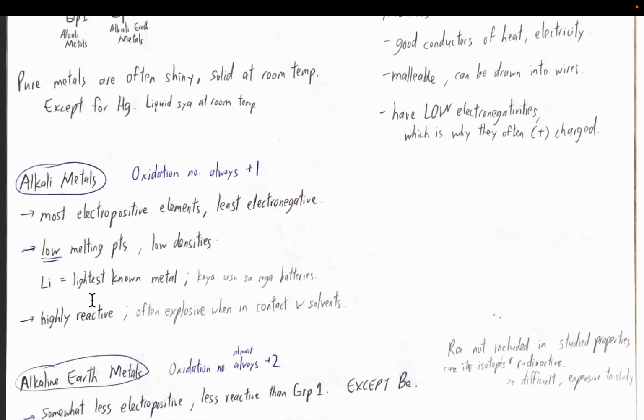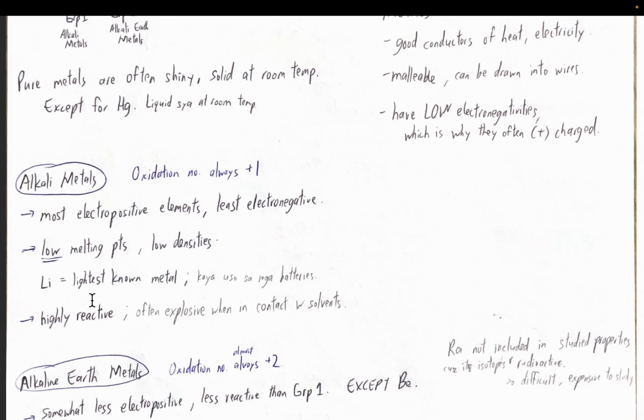It is the lightest known metal, and this is actually the reason why it's ideal to use lithium as the component for battery production. It's kind of because of their weight. They're pretty light. And yes, they are highly reactive.